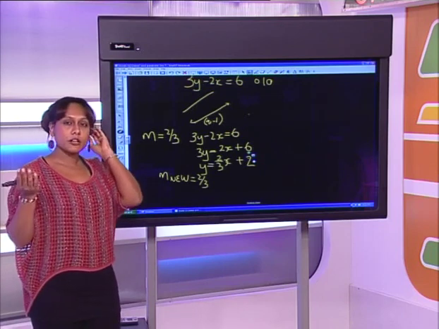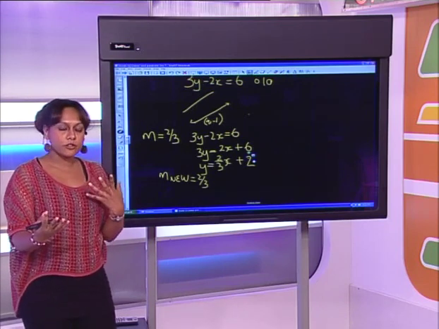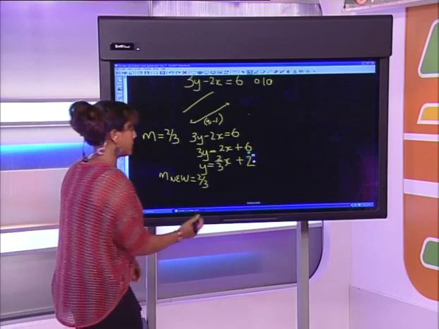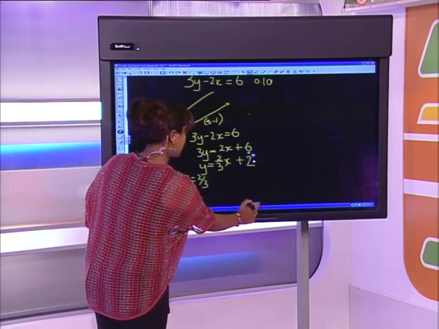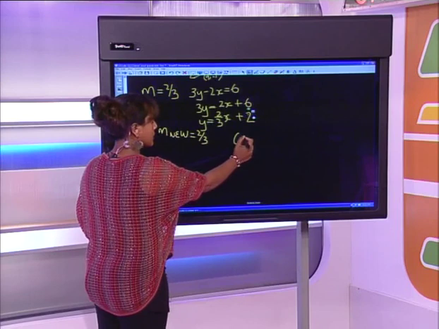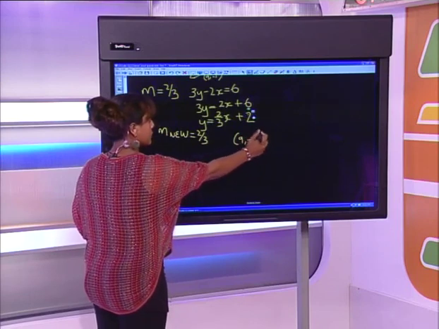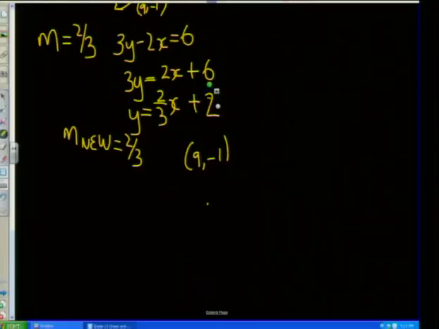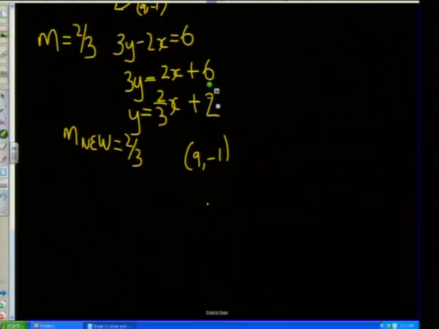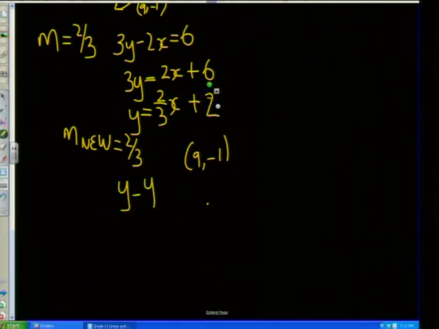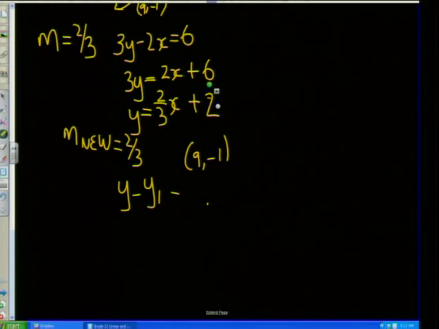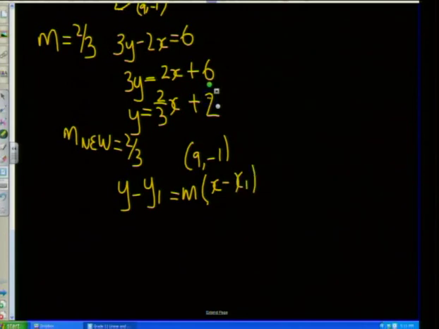But we aren't done, because remember, they ask you for the equation of the new line. And we know that the new line passes through the point 9 and minus 1. So therefore, we've got a point and we've got the gradient, so I can use that equation that hopefully you are all quite familiar with from analytical geometry: y minus y1 is equal to m times x minus x1.